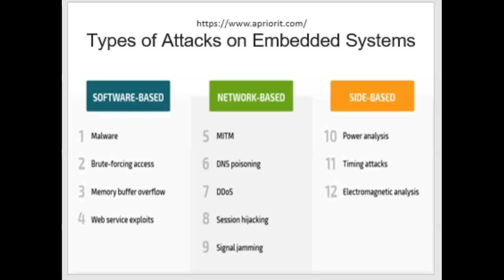The vulnerabilities they discovered in the Medtronic insulin pumps and pacemakers could interrupt or stop the devices or let a hacker control them. Again, you can find more on that at www.apriorit.com. Very interesting website.